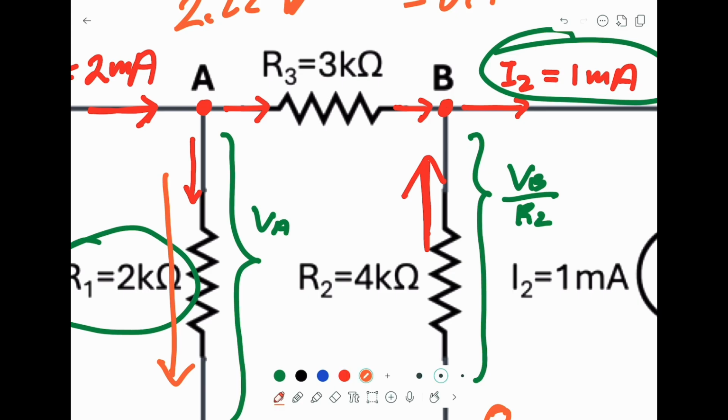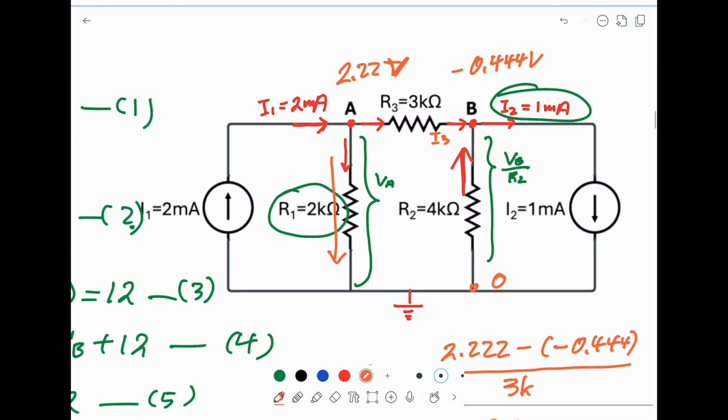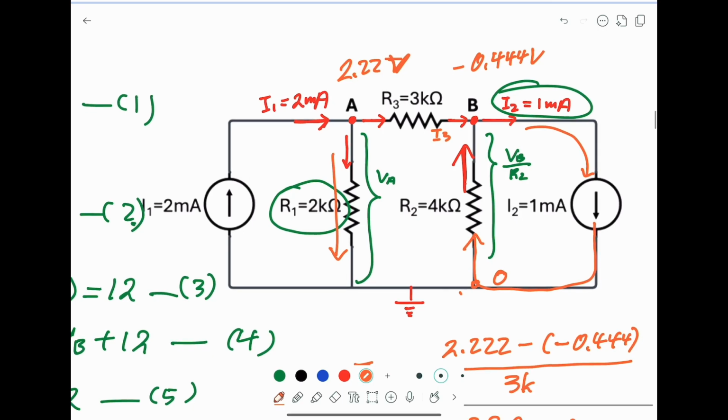So this is I3 going in, and it makes sense because this current source going to here will go through here, and this one go through here. But this is ground, so therefore in order the current passing up the R2, the potential at here should be negative.